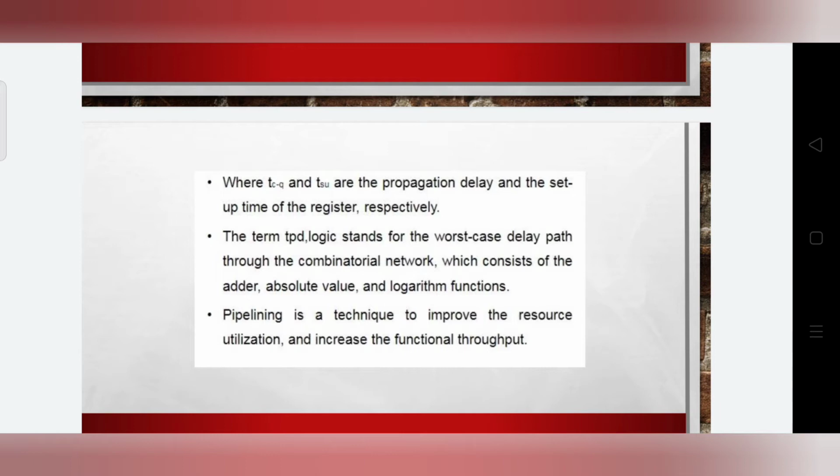Now, at the end of the second evaluation period, in a similar fashion, we can initiate evaluation of log of A1 minus B1, modulus of A2 minus B2 and A3 minus B3 simultaneously, and obtain the output log of A1 minus B1 at the end of the third evaluation period.